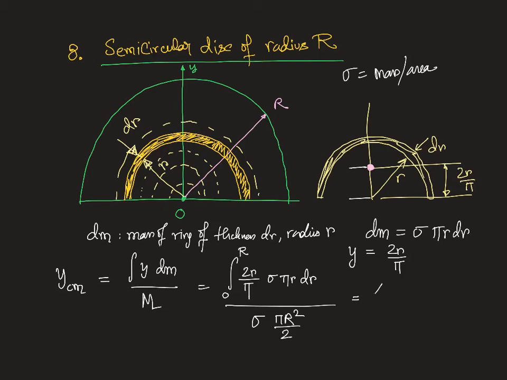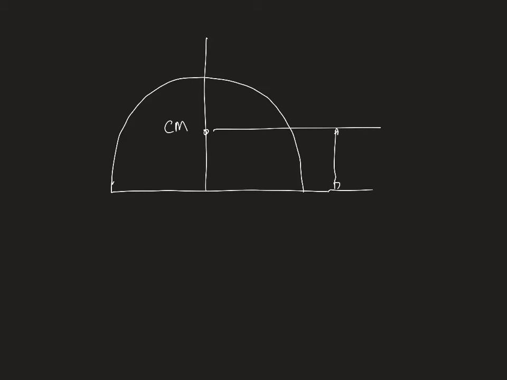So you get 4r by 3 pi. So ycm is equal to 4r by 3 pi. So you have to remember that if you have a semicircular disc like this, there is the center of mass, and from the base, the distance of the center of mass is 4r by 3 pi.